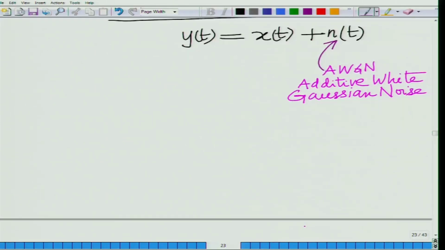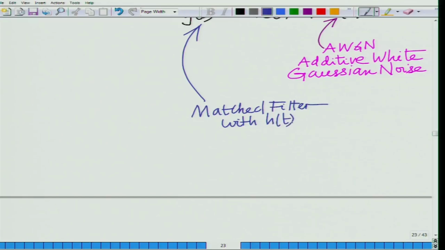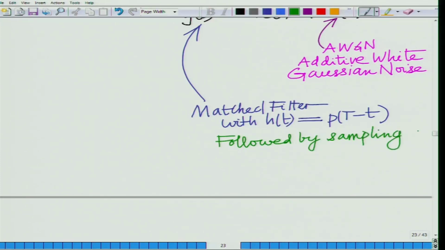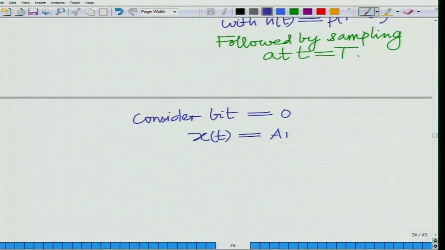Now, what is optimal processing at the receiver? Optimal processing at the receiver is we have to matched filter, with h(t) equals p(T minus t), followed by sampling at t equal to T. Now, consider the transmission of 0, which means x(t) equals A times p(t) plus n(t).